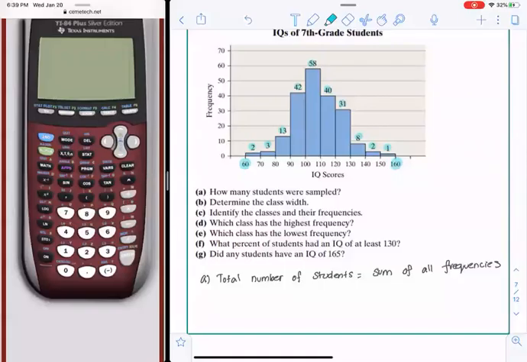So in total, we have sampled 200 students.